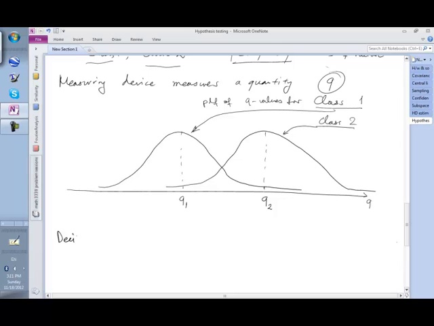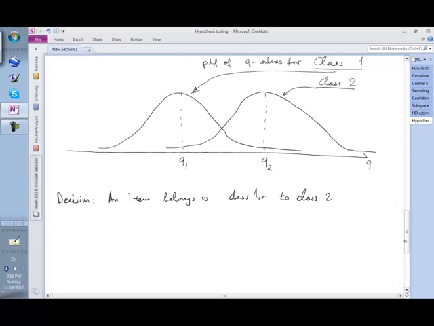The decision is whether an item belongs to class 1 or to class 2. And to derive that decision, you have to have a decision rule.